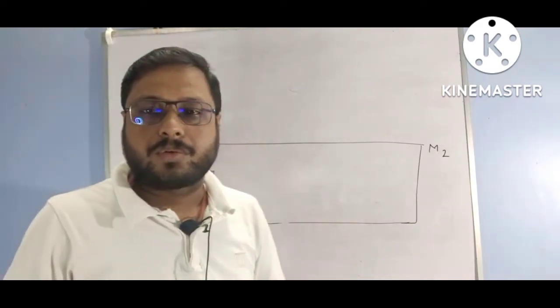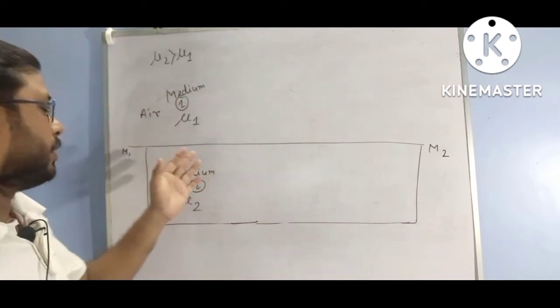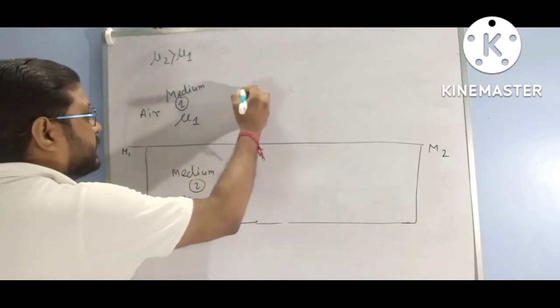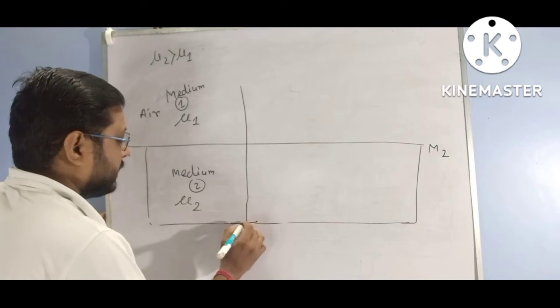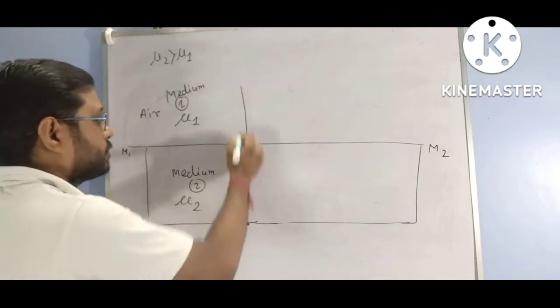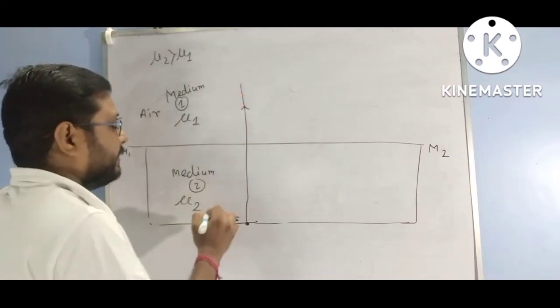Now, what happens when light passes from denser to rarer medium? Suppose this is the source of light, and when light goes normally through the surface, it goes undeviated.